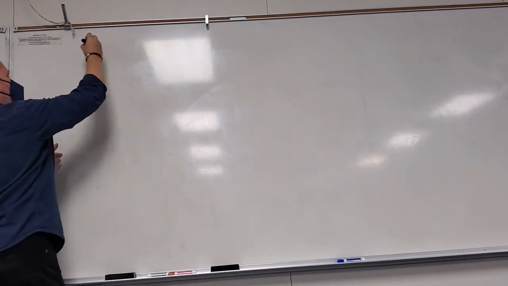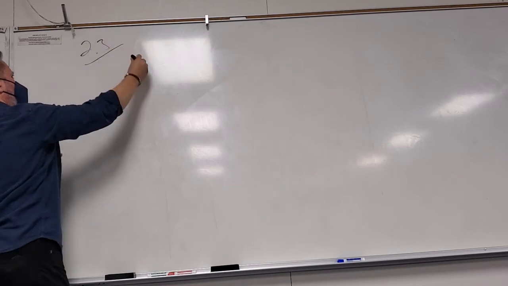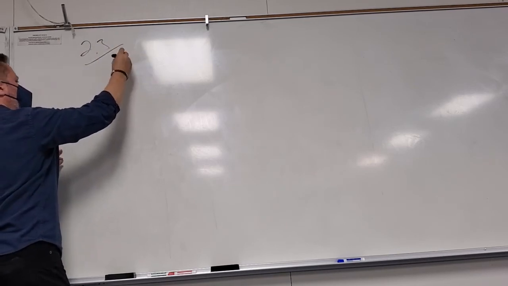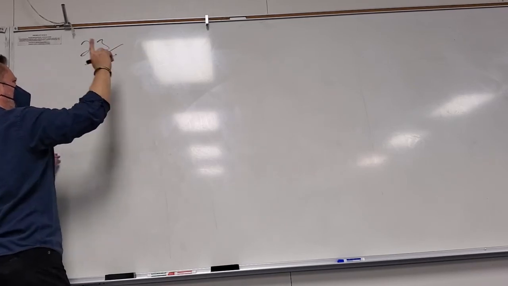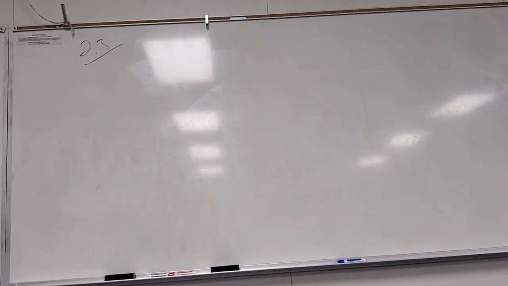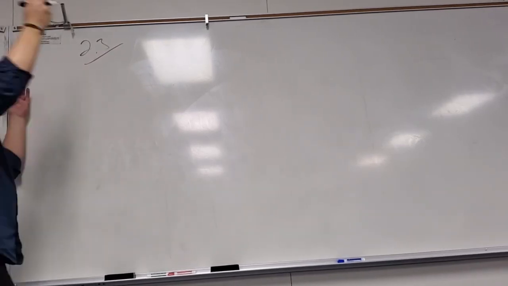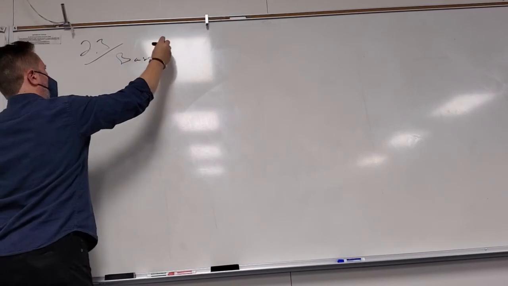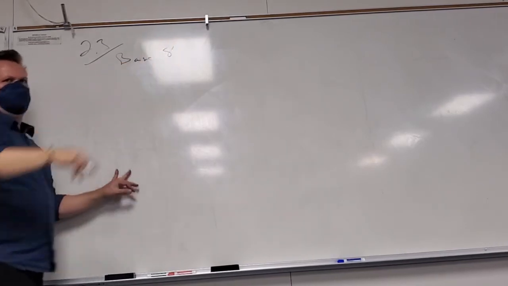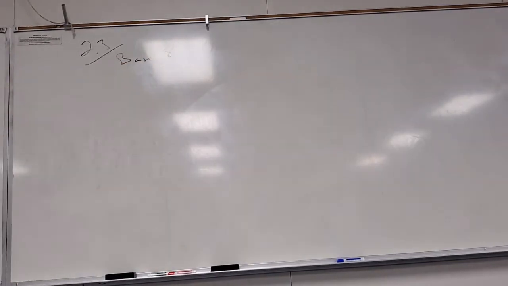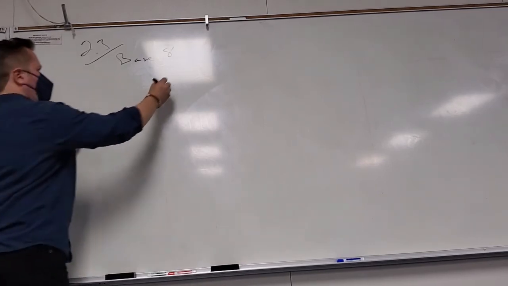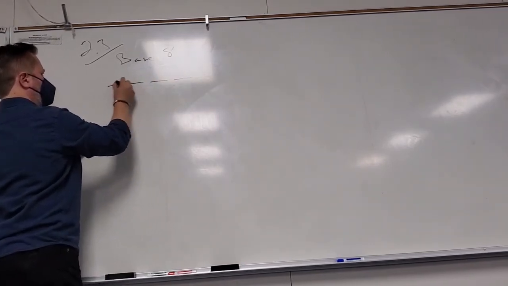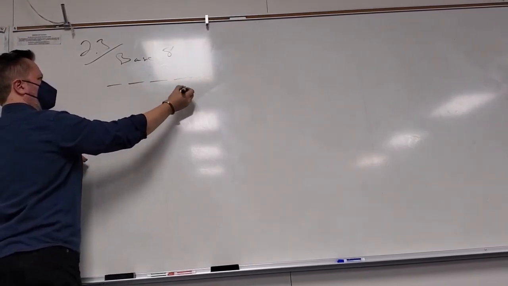So we basically just got into 2 and 3, and I want to talk specifically about bases. We did base 3 earlier. Let's do base 8. What would base 8 look like? Give me those four places.